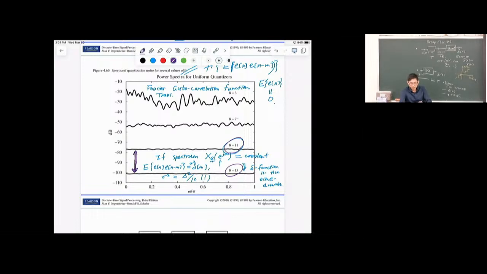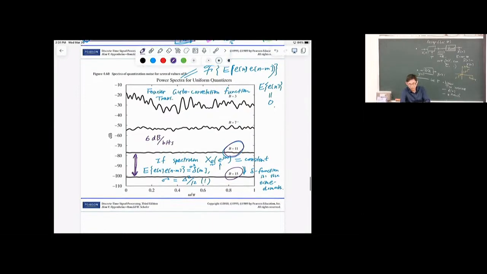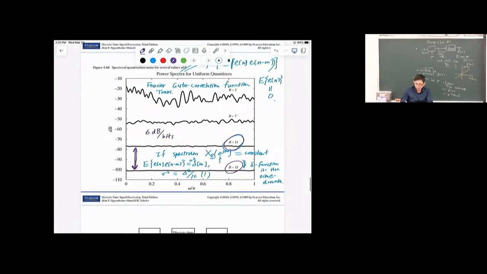Usually the answer is 6 dB per bit. We gain 6 dB of signal to noise ratio when we are given 1 extra bit. Here, you may notice that the difference seems to be about 24 dB, and that agrees with this prediction.